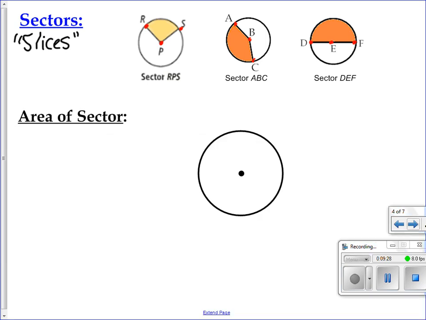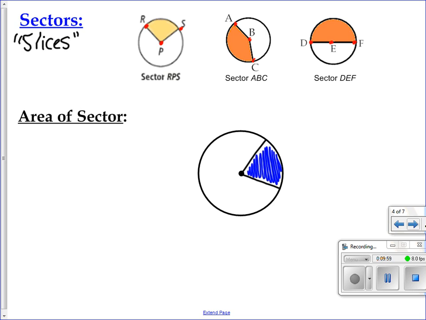So let's say I want to find the area of these slices. It's similar to what you were doing yesterday and also what you were working on today in class. So let me draw a slice. Draw this with me. Let's say I want to find the area of this slice of my circle. Well, in order to do that, I need to see what fraction of the circle this slice is taking up.